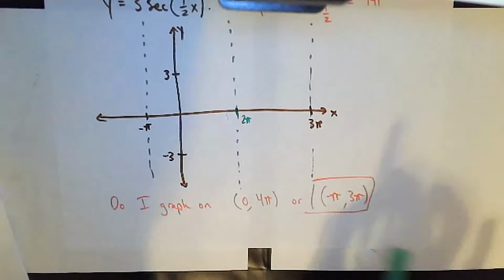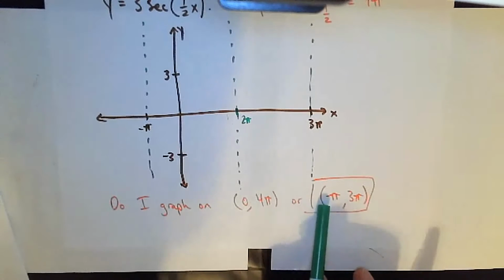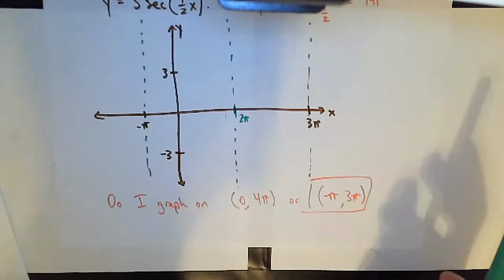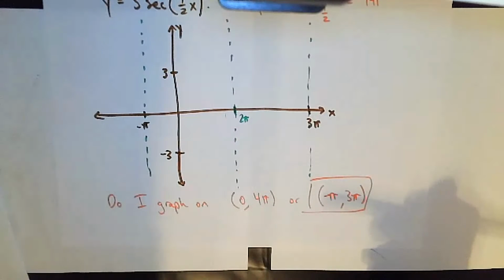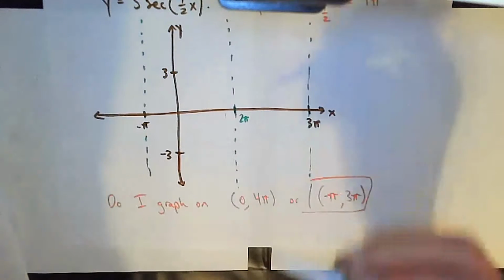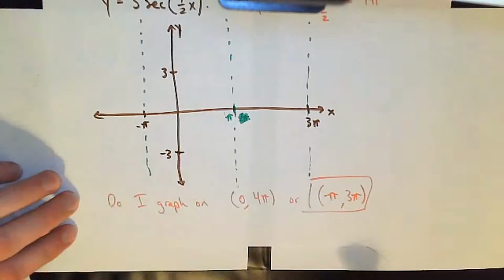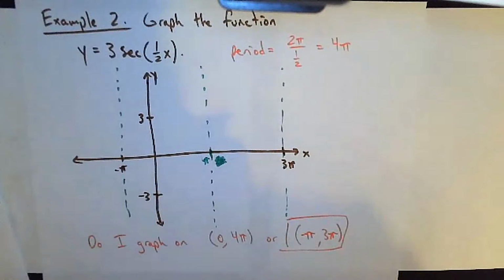But I'm going from negative pi to 3 pi. What's the central value between negative 1 and 3? Well, it's 1, right? So can I just call that a pi? Will you believe me if that's pi? It's not quite a good picture. Looks like we'll be relying on Desmos again to get a decent picture here.